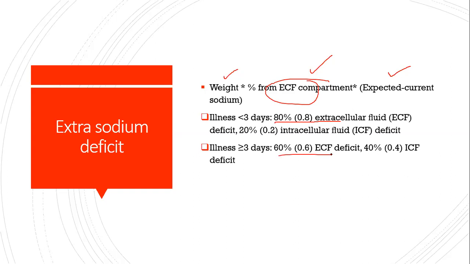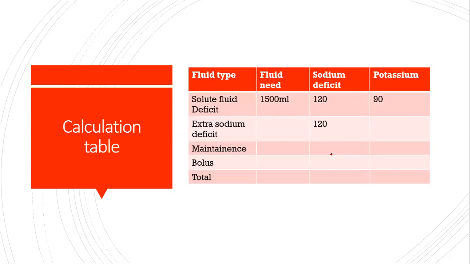If it is a chronic loss, it can even be 50% from the ECF compartment because the compartments try to support each other. We will see what happens in this case. So you have 15 into 0.8 because the duration of illness was only 2 days, into 130 minus 120, which is the current sodium. You get 120 milliequivalents of sodium altogether. So you have this extra sodium of 120 milliequivalents.